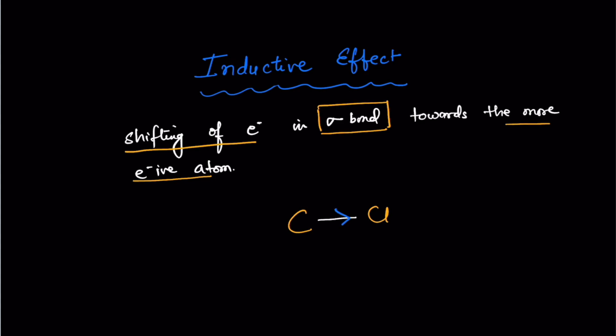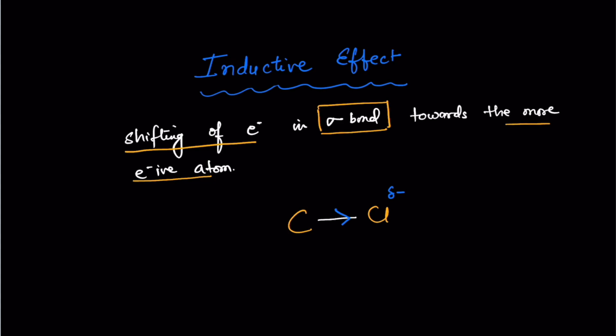As a result of this, chlorine will develop a partial negative charge. We show that using a delta symbol and we put a minus here. What this means is chlorine has a negative charge, but it's not complete because the bond is not broken. The electrons have only shifted towards chlorine, and so it develops a partial negative charge.